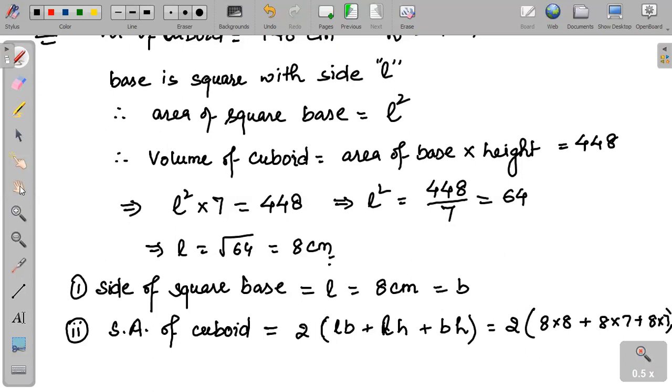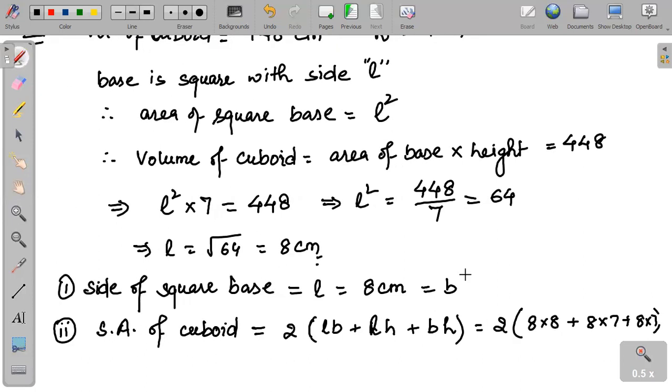ठीक है? Or it will be 56 plus 56 plus 64. 56 plus 56 is 112 plus 64 is 176. ठीक है? 176. 64 था ना. 56 plus 56 is 112.